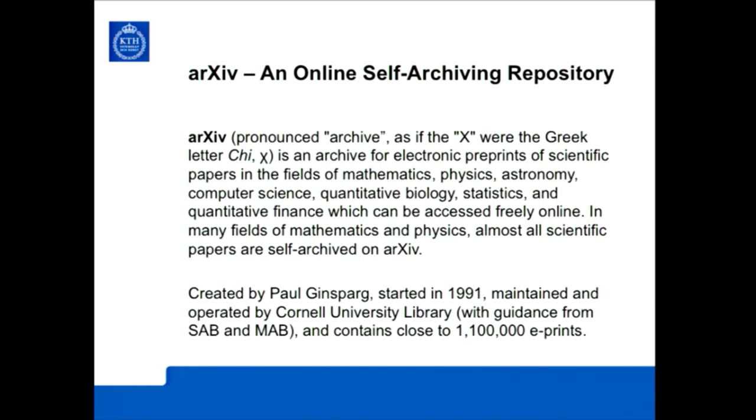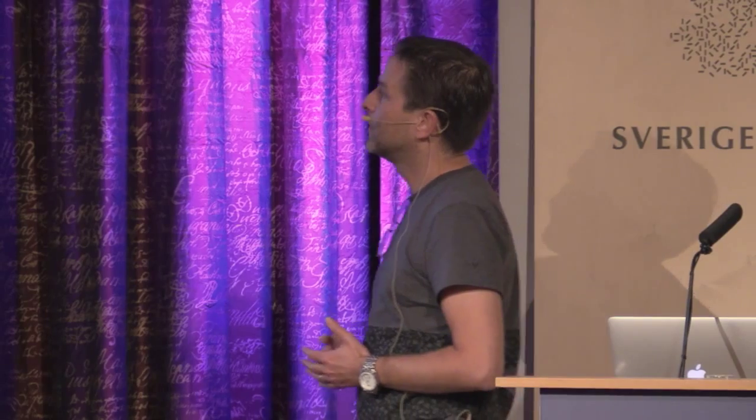So there are some different areas of research where this is used, and this is free. Everything is online and it's free of use. You don't need to pay to put it there, and you don't need to pay in order to read it.